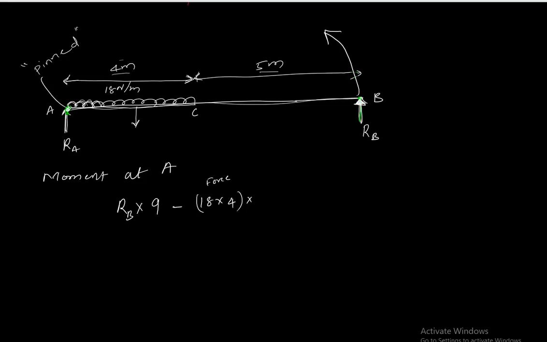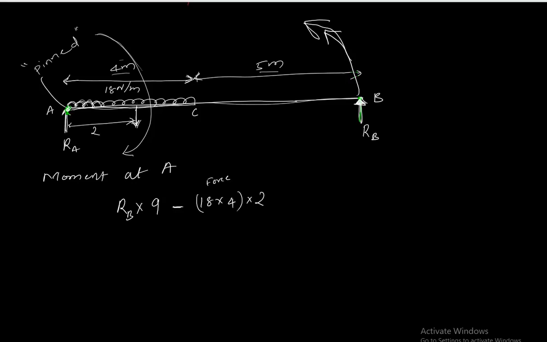So the 72 newtons is acting at the center, which means 2 meters from here. So I'm going to write 2. And it is negative because this weight pushes the beam down and tries to rotate it in this direction. So we're calling this direction positive and this direction negative.